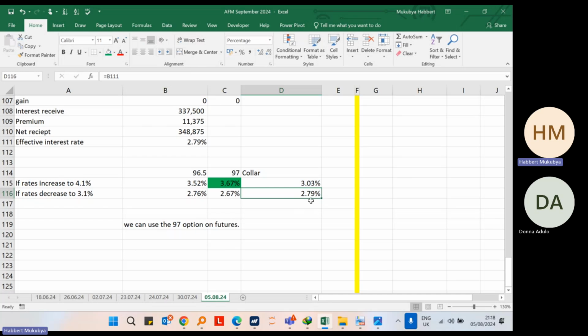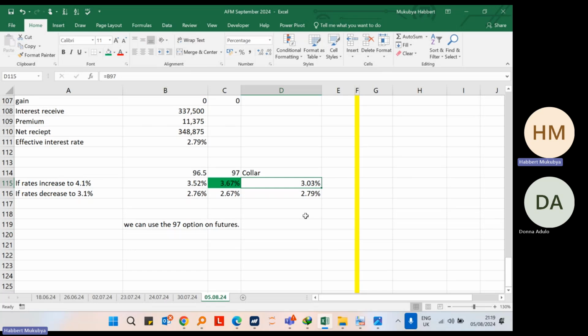We stay a little bit higher, 2.79. So it means that if the interest rates fall, we are not going to go so deep if we use the collars than if we use the options. But if the interest rates go up, we don't benefit fully because we only stop at 3.03.